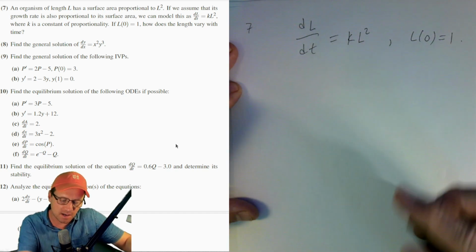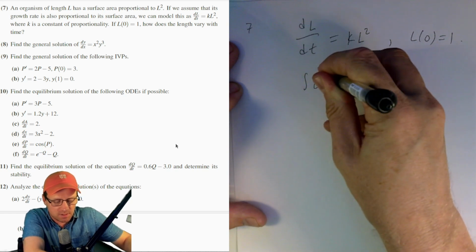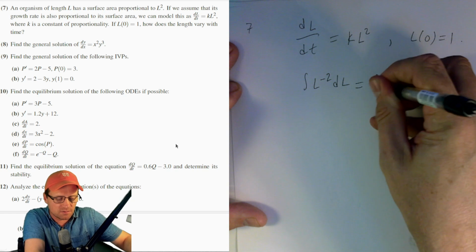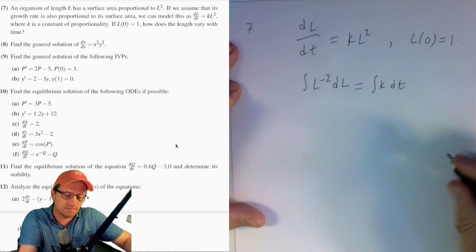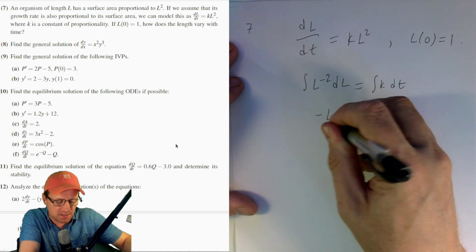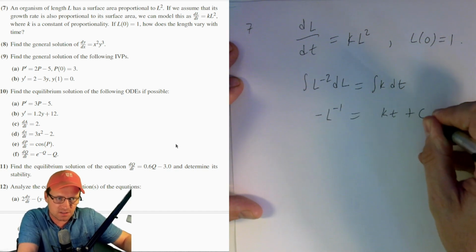This equation is separable, so let's divide both sides by L². We have the integral of L^(-2) dL equals the integral of k with respect to t. Integrating the left-hand side gives us -1/L. On the right-hand side, we have kt plus a constant c.